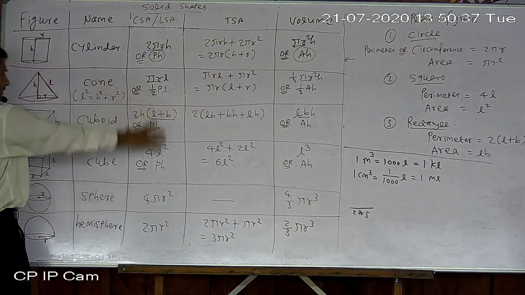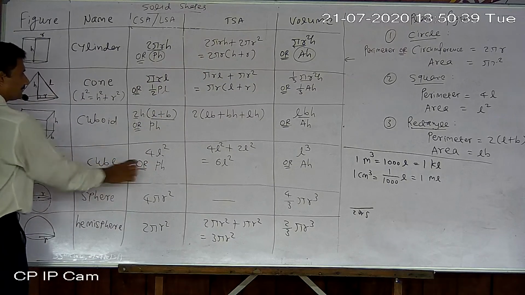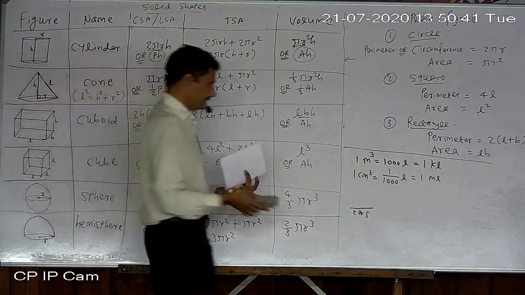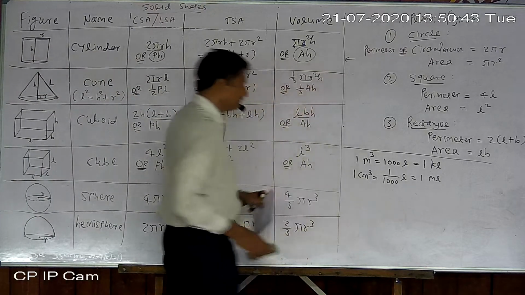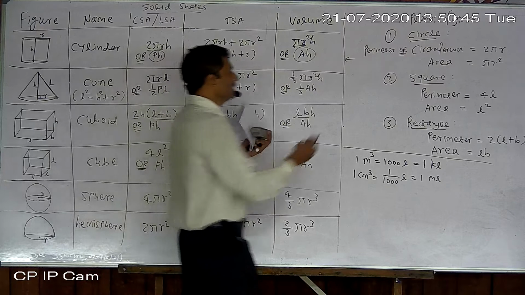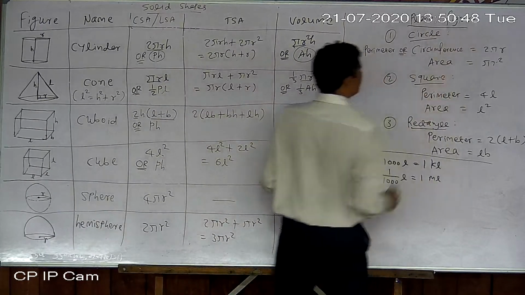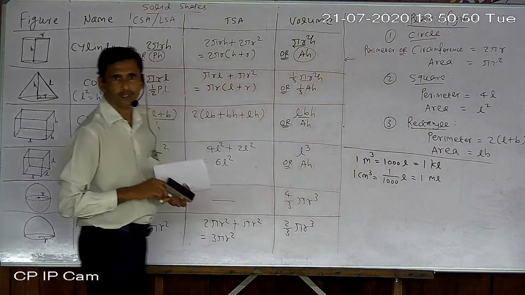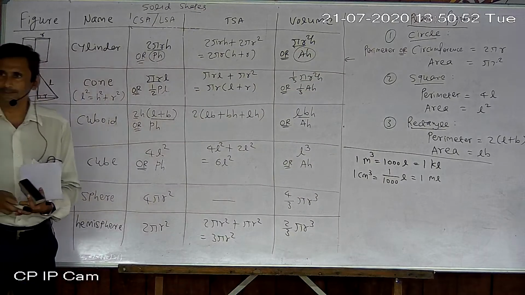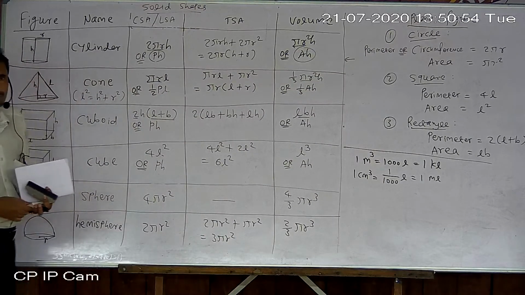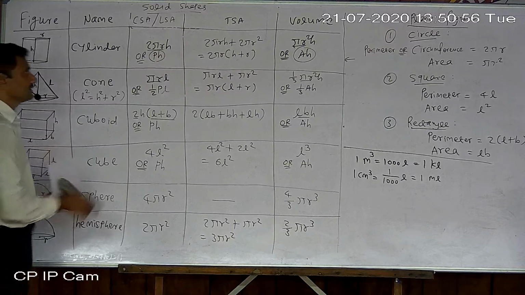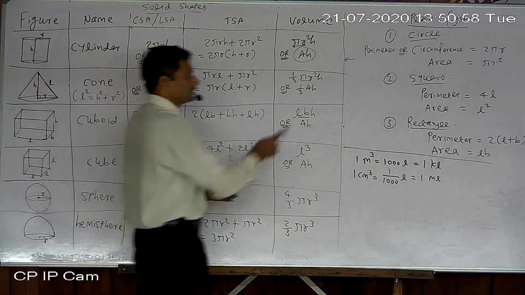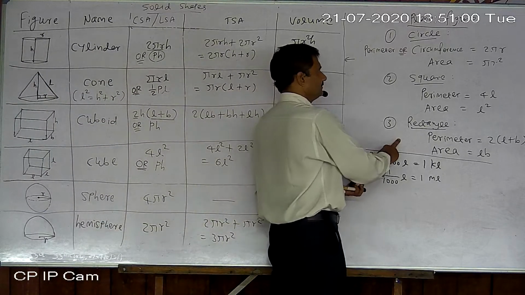Now this table is for solid shapes, meaning three-dimensional shapes, and these are written plane figures. Plane figure means two-dimensional. There are so many plane figures, but right now the ones used for solid shapes are circle, square and rectangle.